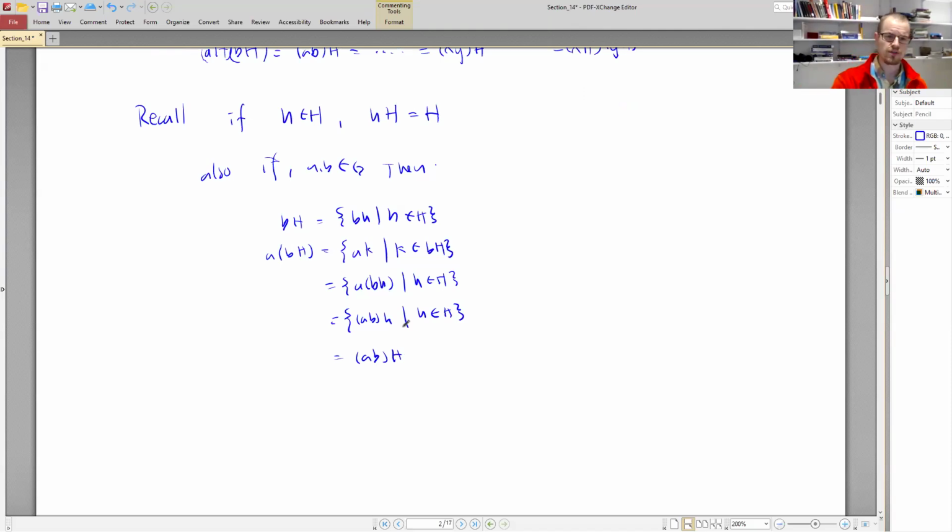So this particular notational concern is going to become useful to us as we try to work through the proof.